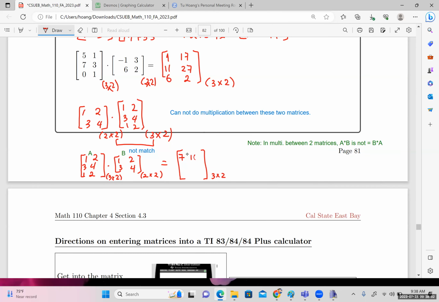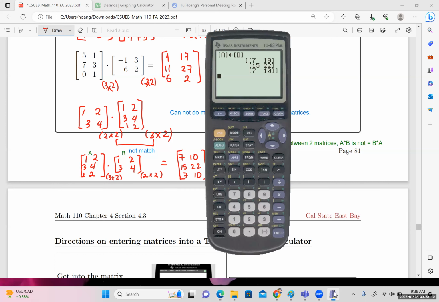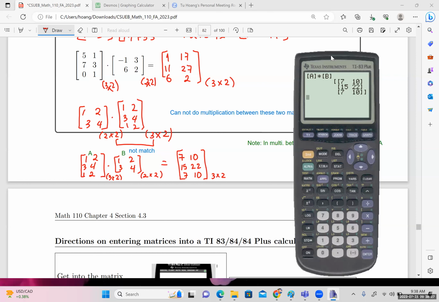So let me write it down: 7, 10, 15, 22. You may say, oh, this is great. Yeah, I agree with that. So I want to check if B times A is going to say it cannot do multiplication.